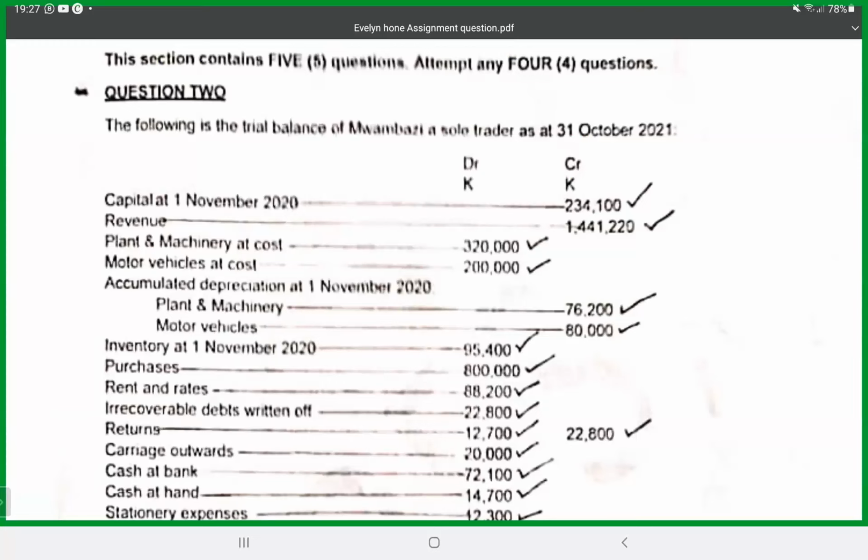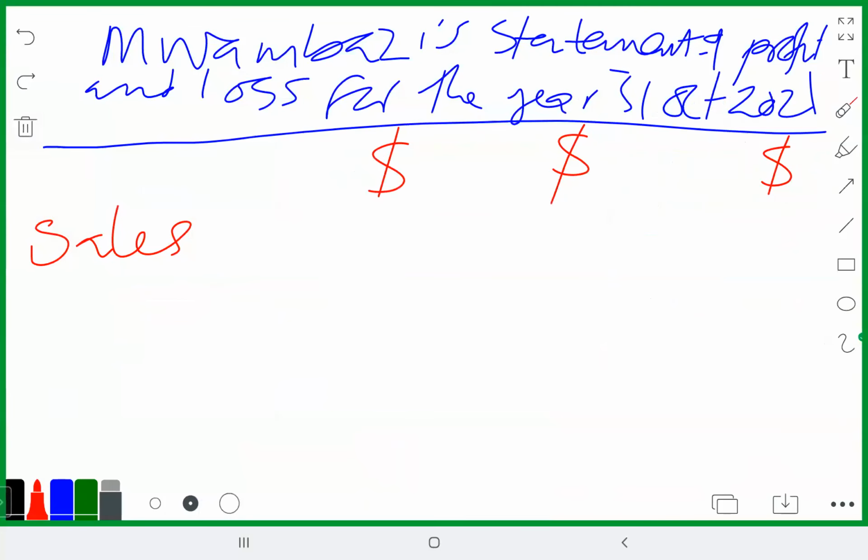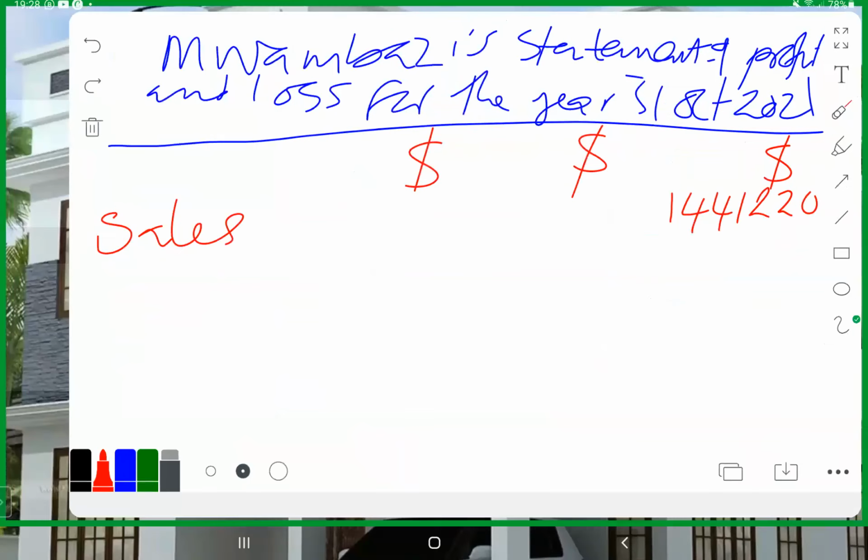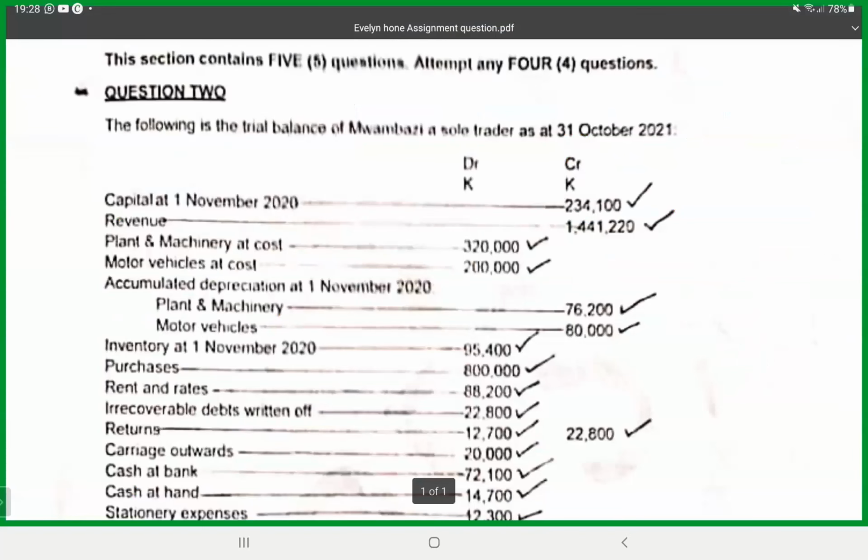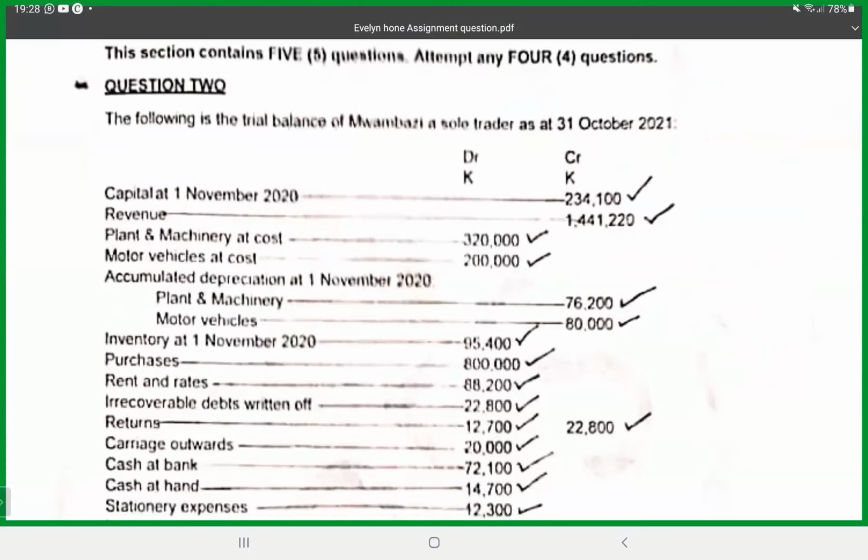Right, so the revenue up here is 1,441,220. Is that clear? Yes, sir. Then from that, what do we less? Returns inward, isn't it? Or sales return. Do we have returns inward?